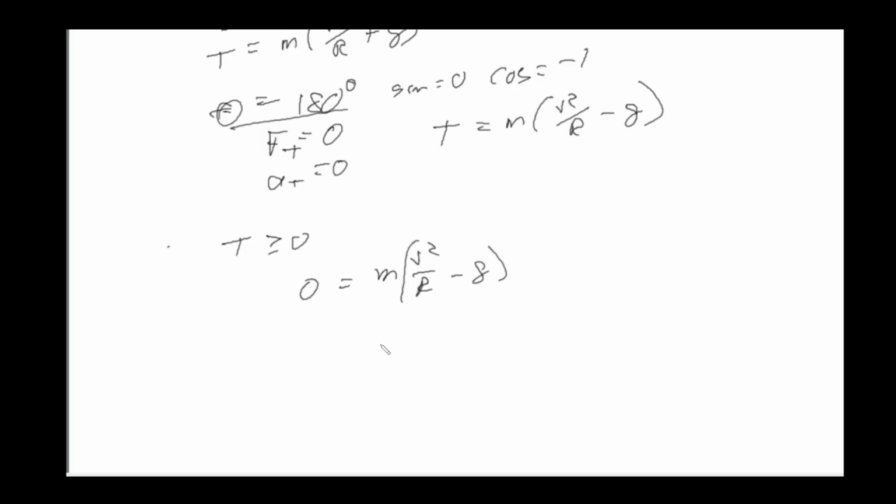Then we get mv squared over r is equal to m times g. V squared is equal to rg, or v is equal to the square root of rg. That's the minimum velocity we need to keep the cord from going slack.